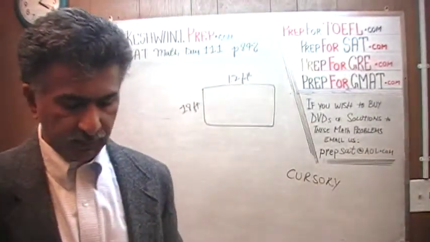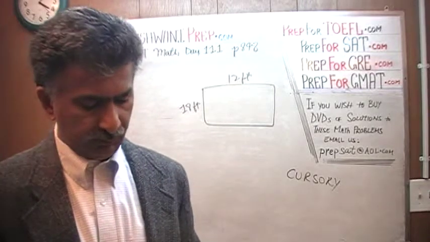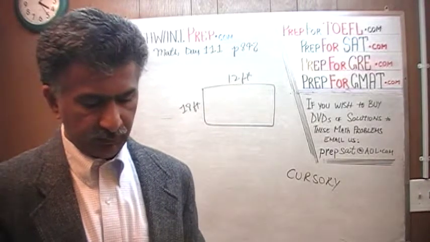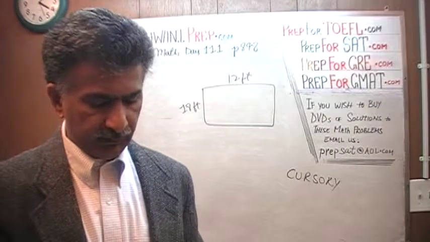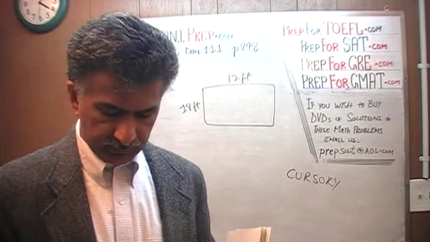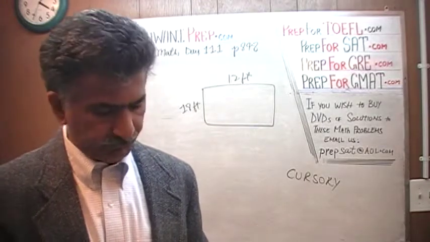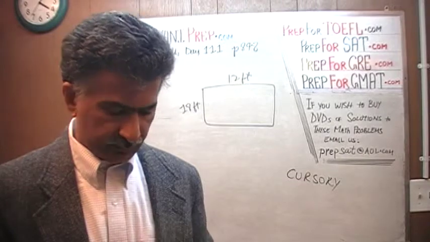I know we learned this word in our vocabulary lessons, and I want to find out which day it was. I'm looking at the list here of the words. Under C, cursory. To do something in a cursory manner means to do it in a hurry, in haste.